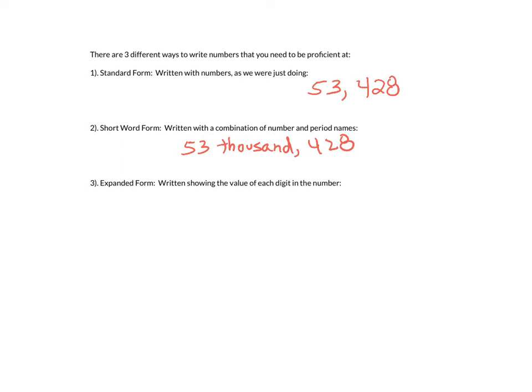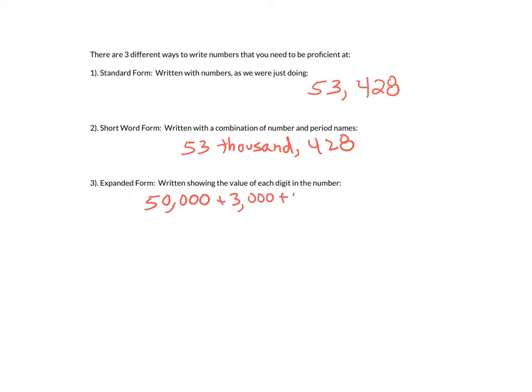The third way is expanded form. Expanded form means showing the value of each digit in the number. In that 53,428, the 5 actually stands for 50,000 because of where it is in the number. So that's 50,000 plus the 3 is in the thousands place, so it's plus 3,000.